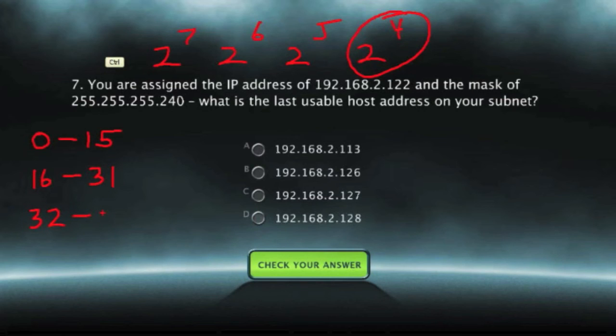32 to what would be next? These are our subnets. Would that be 63? What would be next? 64 to what next? Oh, did I do this one wrong? Hold on, did my math get off here?